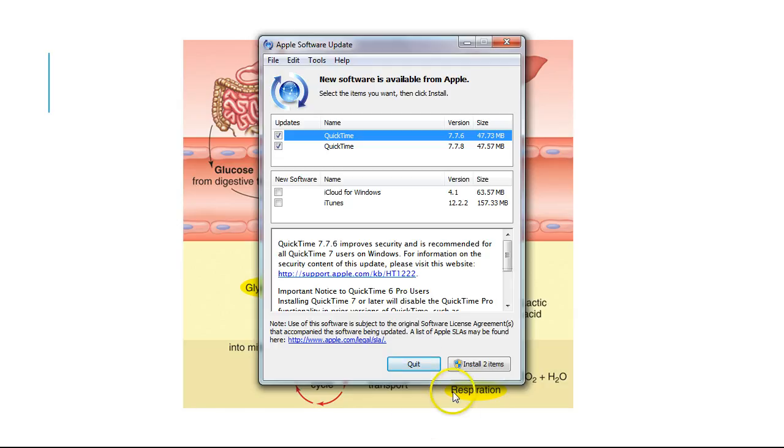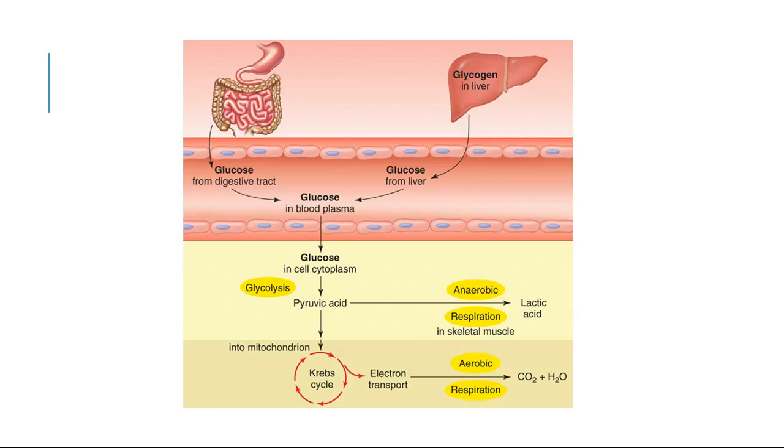Some of these pathways may be referred to as aerobic or anaerobic. What does that mean? Uses oxygen or doesn't use oxygen. Either it requires or doesn't require oxygen to accept electrons. If something is aerobic, it requires oxygen to accept electrons.